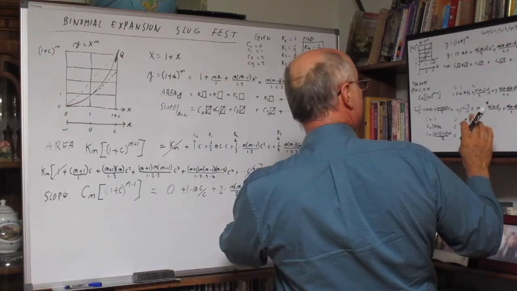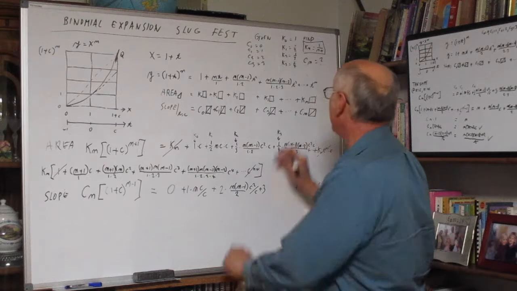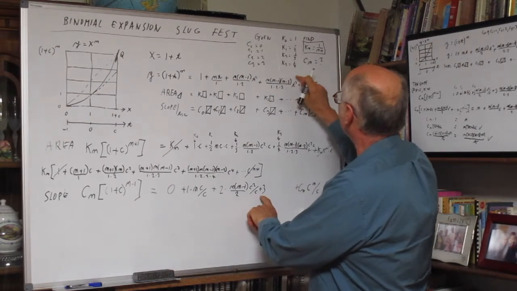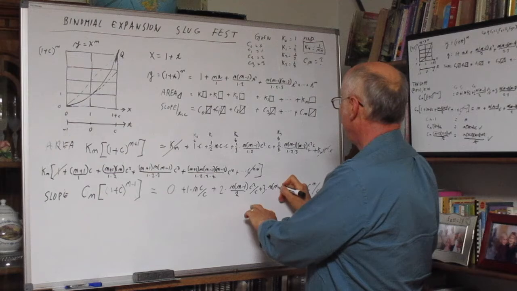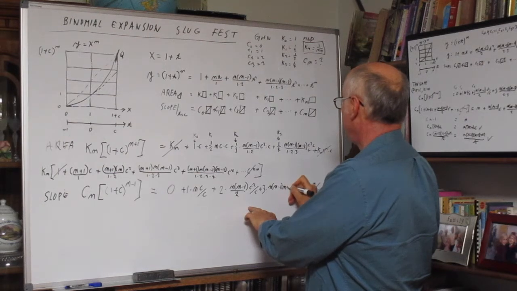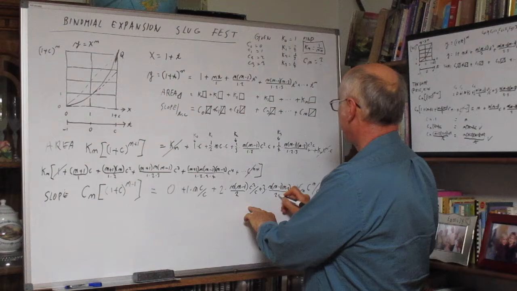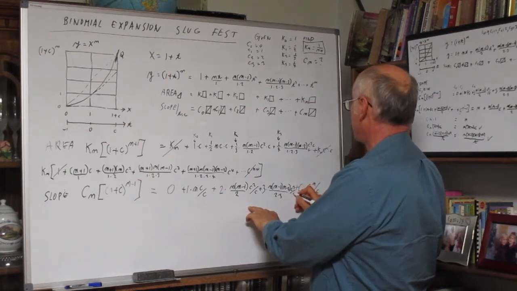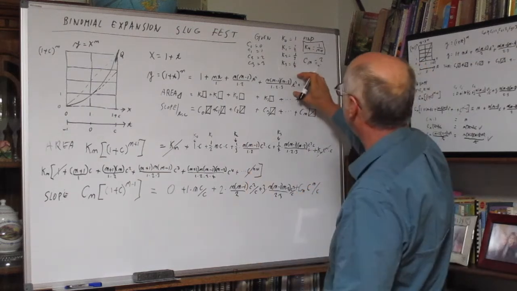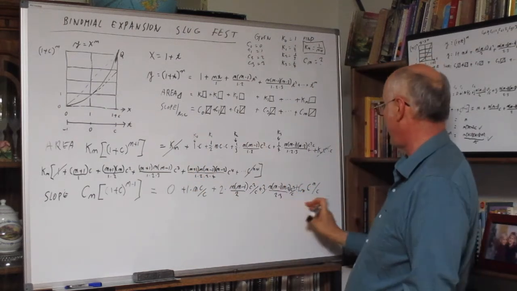Well, let me take it further. I think there's one more. So 3, we'll do this one, the cubic: 3 times n minus 1, n minus 2 over 2 times 3, c third over c. Rise over run. Okay, all right, let's put that in.